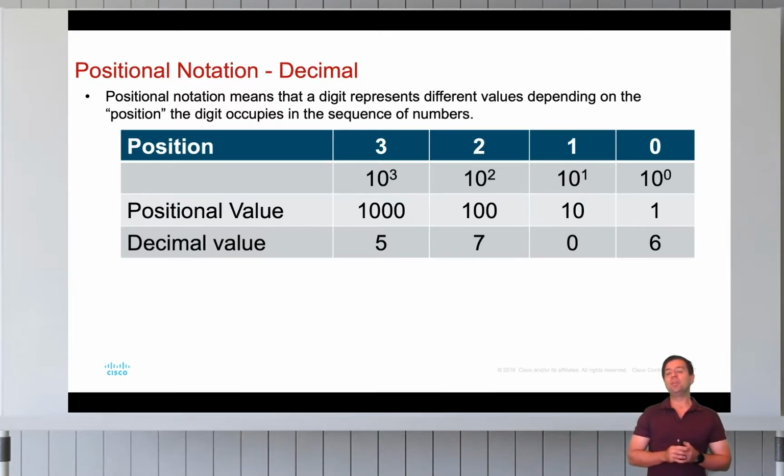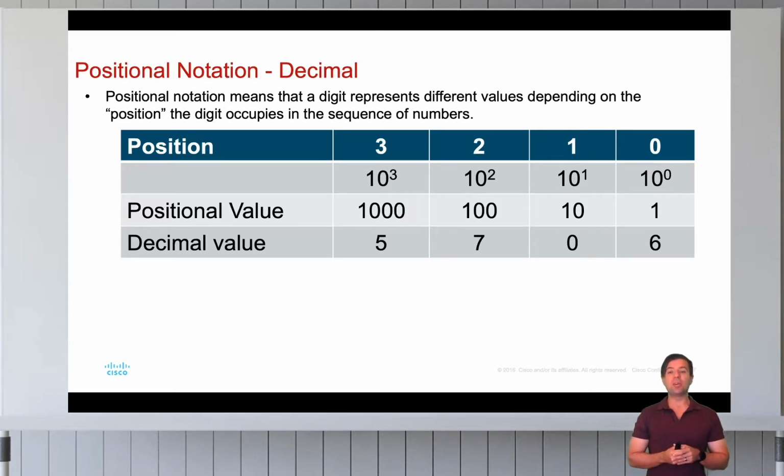Now decimal is known as a base 10 numbering system. What do they mean with it? It means all of your columns of values, we can arrive at those values by taking the value 10 as the base and then raising it to an exponent that is equal to the position of the digit. So the ones column is equal to 10 to the power of 0, which is 1.